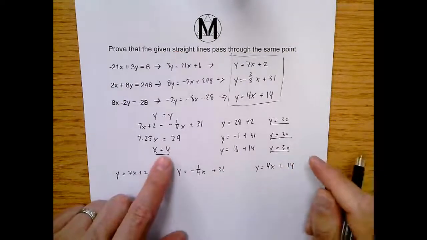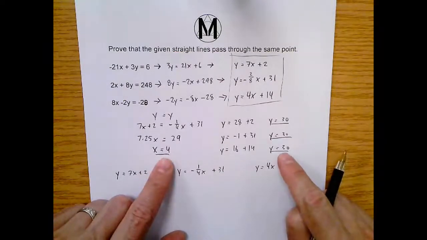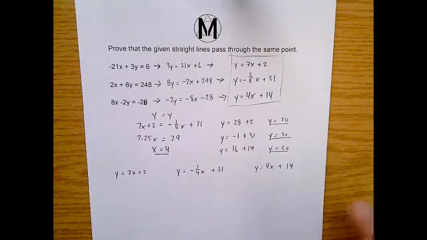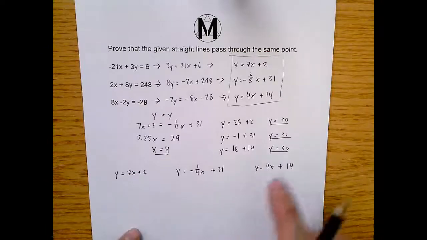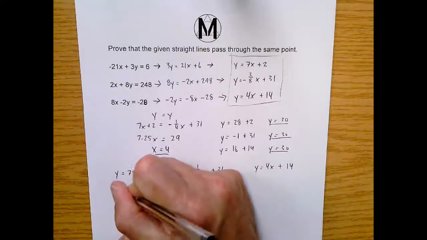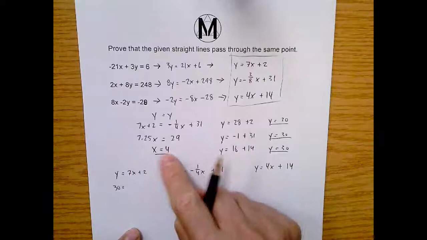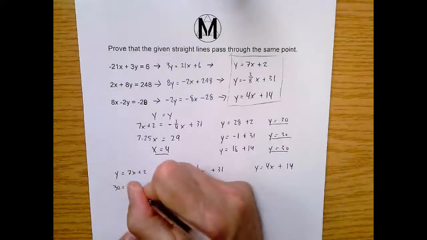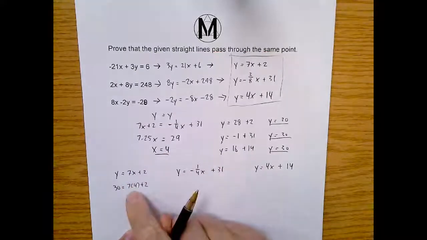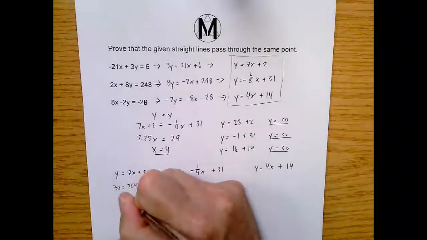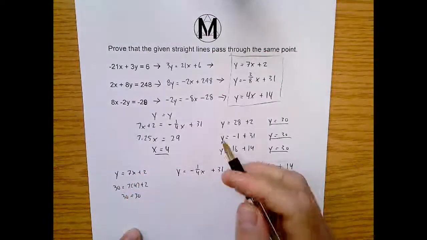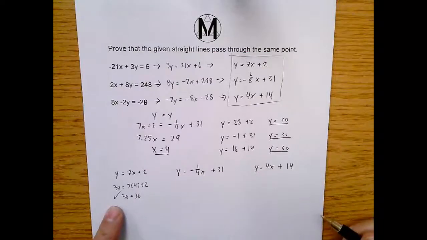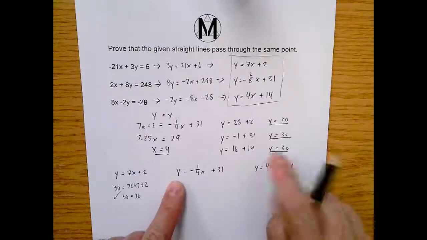I'm just going to plug in my x's and my y's and check that all three of these lines actually hit that point. Y is 30, so 30 equals, x is 4, 7 times 4 plus 2. That's 28 plus 2. So I just said 30 is 30. Well, 30 is 30. Woohoo! Step 1, check.